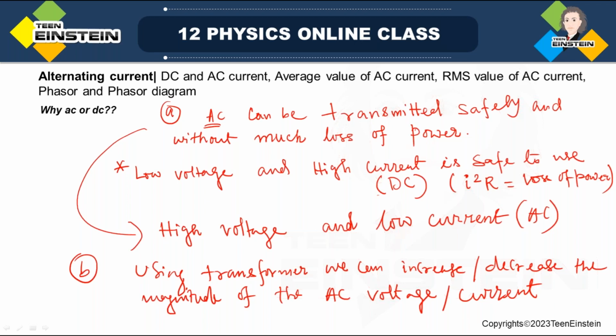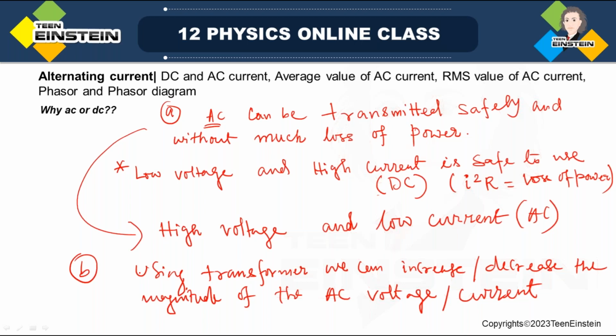So there are two things here. One is the loss, another one is transformation. Using a transformer, we cannot change the magnitude of current and voltage in case of DC. But in case of AC, we can change the current and voltage whenever required. These are two things.